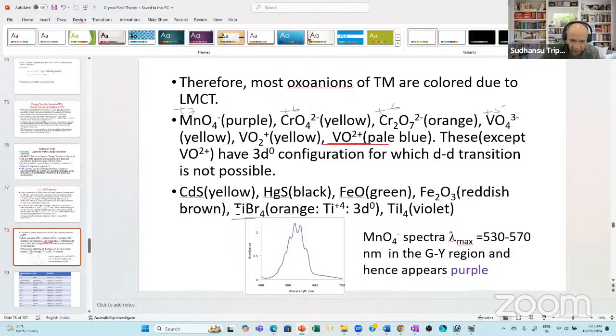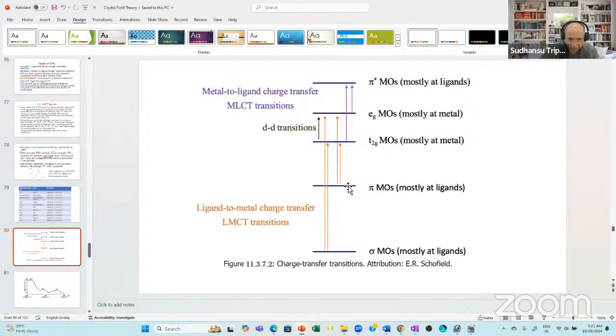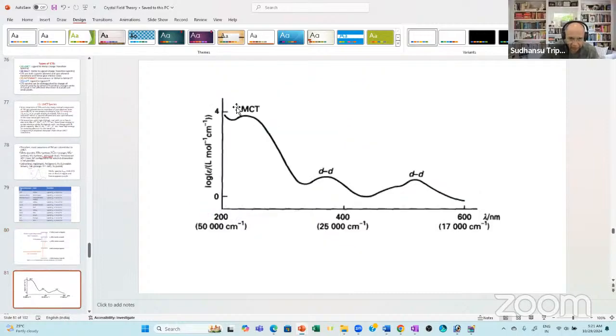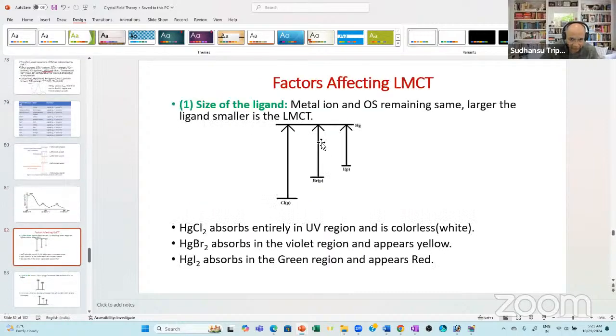Just write down: other transition metal compounds are colored due to CT transitions. You can give an example. I have already told this, LMCT is very strong. Factors you need not write. LMCT is prevalent. Most of the compounds of transition metals are colored due to LMCT.